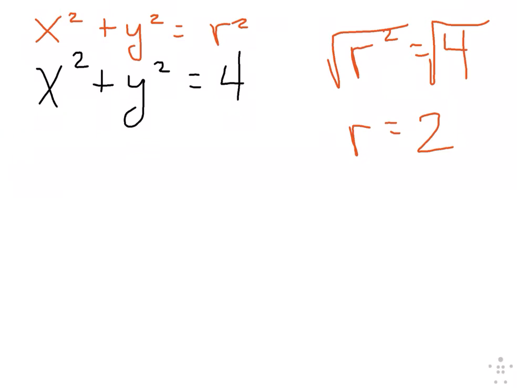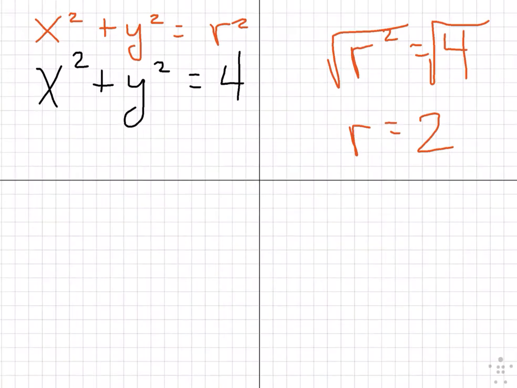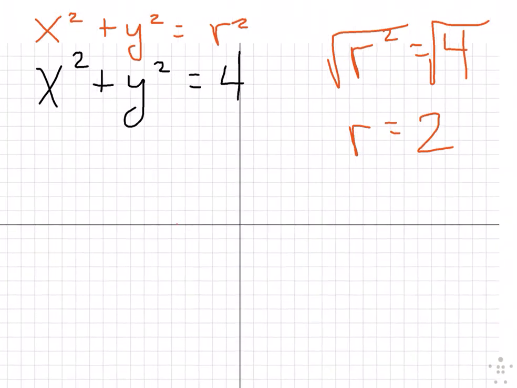All right? So now, as far as graphing it goes, here's what you do. I'm going to see if I can put graph paper over top of it. So 0, 0 would go right here. That's my center. And my radius would be over 2 this way, 2 this way, 2 that way, and 2 that way.